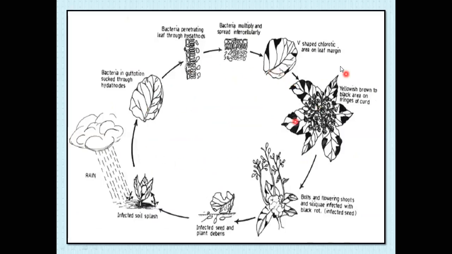So this is the disease cycle of black rot seen in cabbage, cauliflower, knol khol, and all the cruciferous crops.